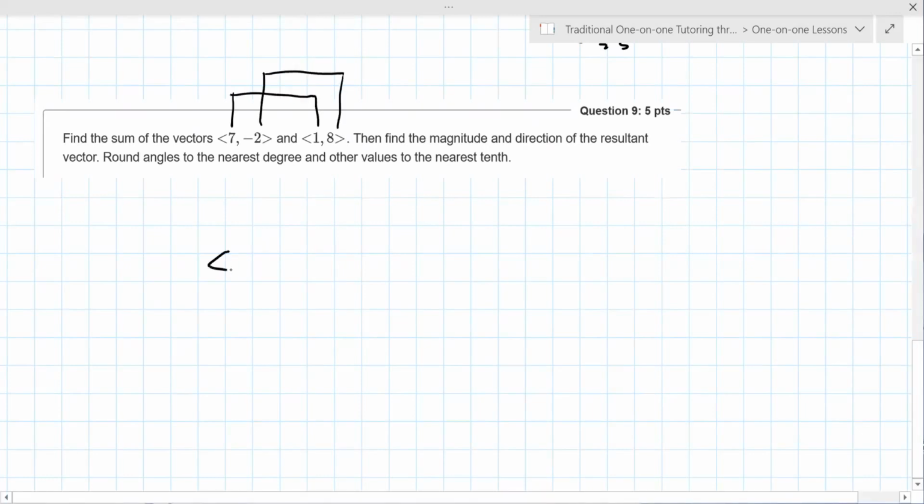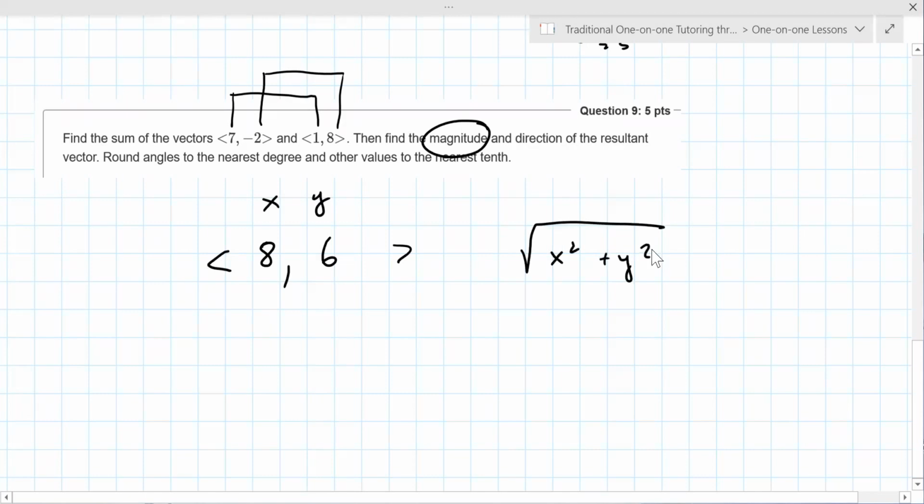So what is your new vector? 8, 6. Okay, so the magnitude is the square root of x squared plus y squared. So that's 64 plus 36, and that's 100. The square root of 100 would be 10. Perfect.